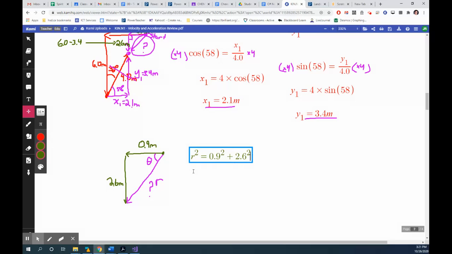All right, so if we do this, then we get that r squared equals 0.9 squared plus 2.6 squared. That's 7.57, which means that r equals the square root of 7.57.